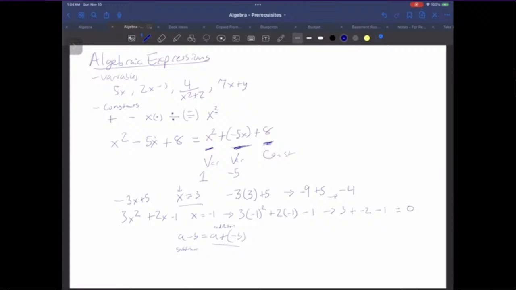Division: remember, if b is not equal to 0, then a divided by b is actually the same thing as a times 1 over b.